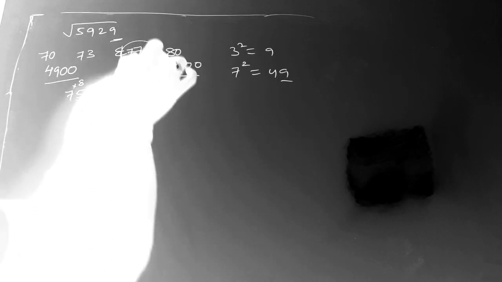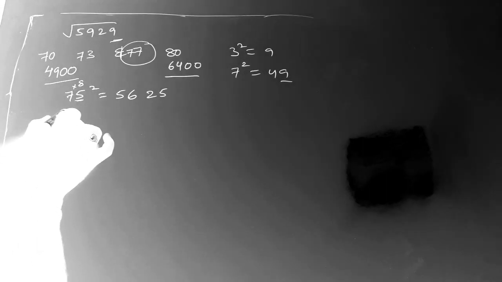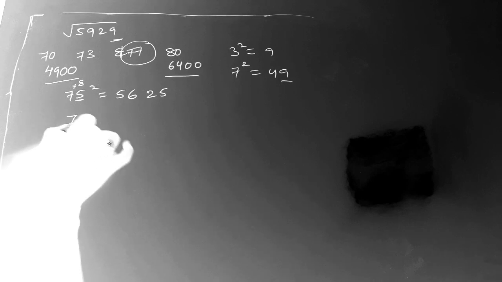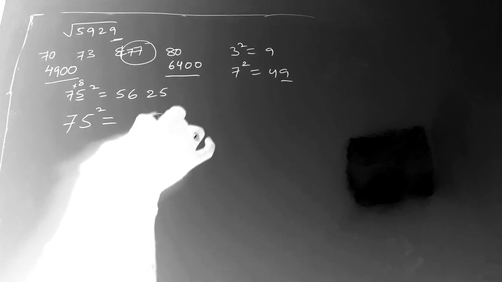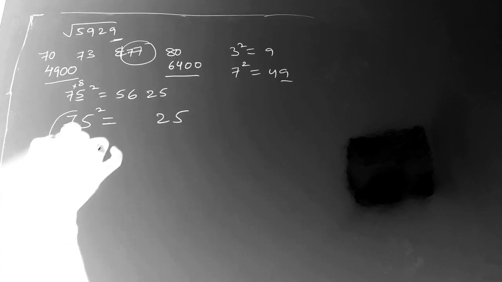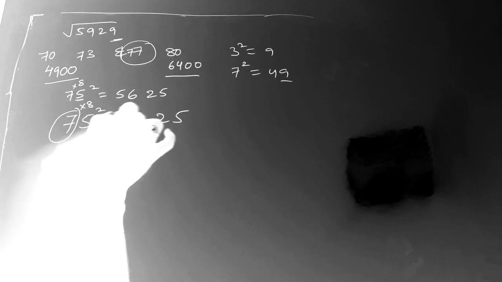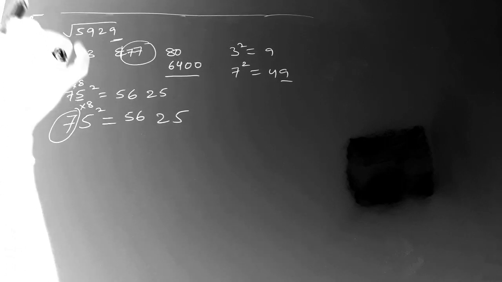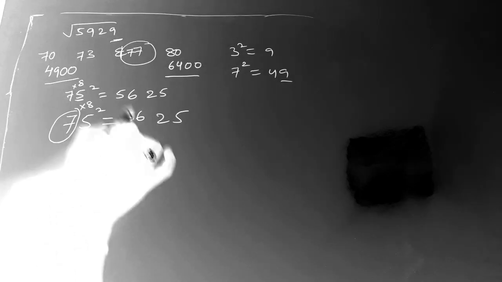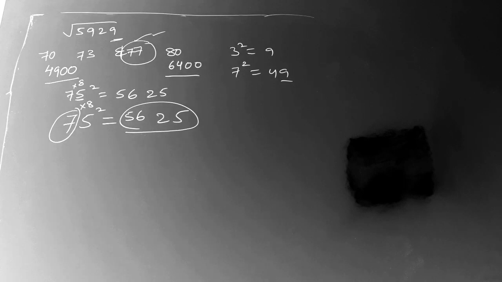So therefore the square root of 5929 is nothing but 77. 75 square, once again I am explaining. First you write 25. 7 after the next digit is nothing but 8. 7 into 8 is nothing but 56. 5625. Here 5929 is more than this. That's why you take 77.